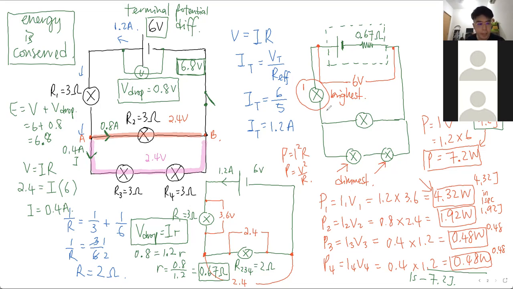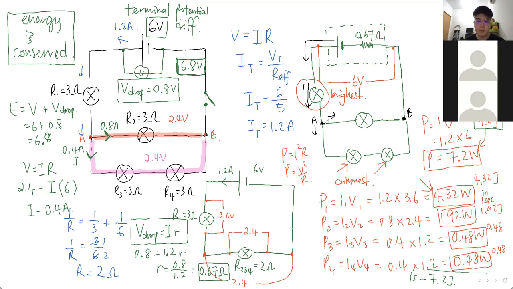Okay, so can you tell which one is the brightest and which one is the dimmest without calculating? Yes, you can see it in terms of the current movement. Bulb 1, current comes out from here, passes through the first bulb. At the junction, the current splits. So the first bulb gets the most current, and it also gets the most voltage. Okay, so here at point A and point B, what is the resistance?